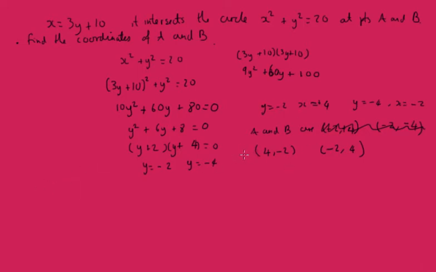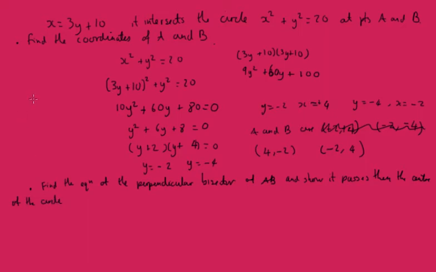Now we want to find the equation of the perpendicular bisector of AB and show it passes through the centre of the circle.